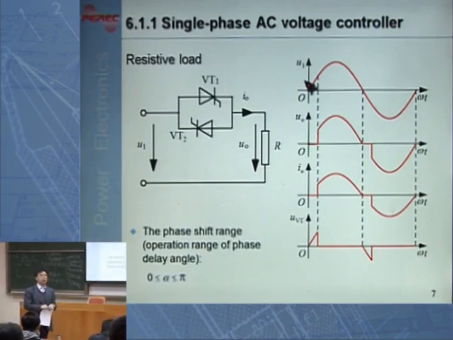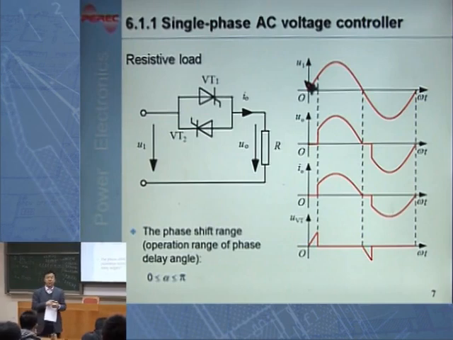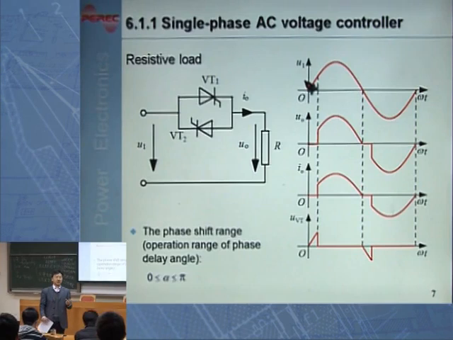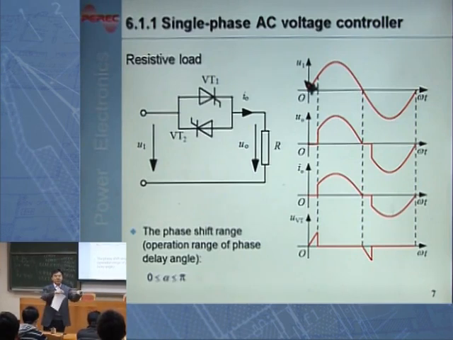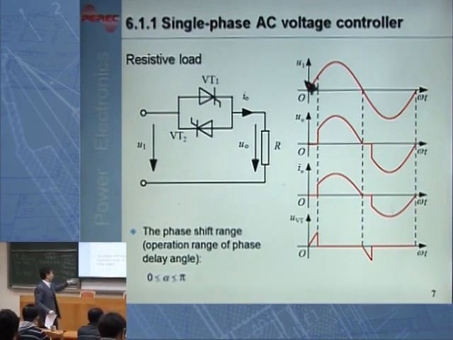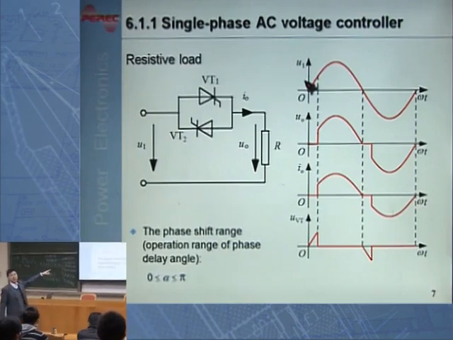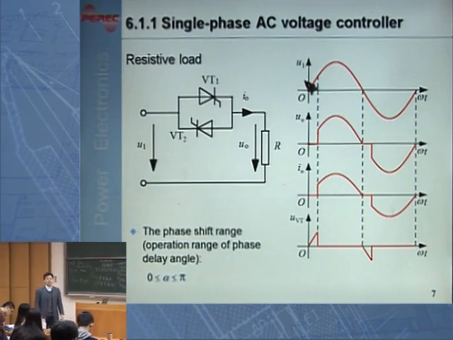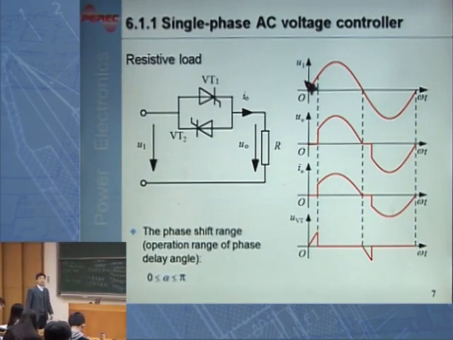For a buck converter, we need just one fully controlled device, one diode, one inductor, usually. So we need three components between the input and output side. But here, actually, we need even fewer components than that. We need only a pair of thyristors.